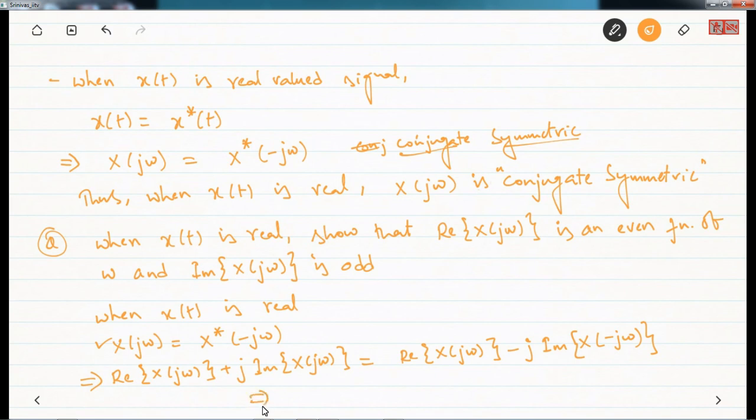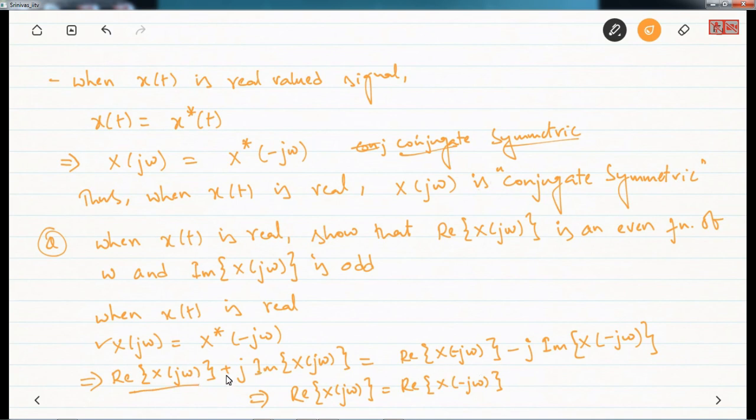So what do we get? That implies real of X of j omega is equal to real of, sorry, there should be minus omega here, real of X of minus j omega, because this real part should be equivalent to this real part.